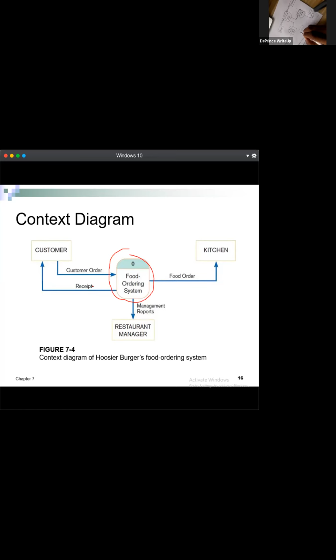So this process will be called 4.0, generate report. So this arrow goes this way instead. The file cannot interact directly with the manager. Instead, the process will.